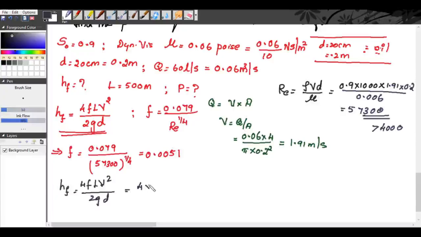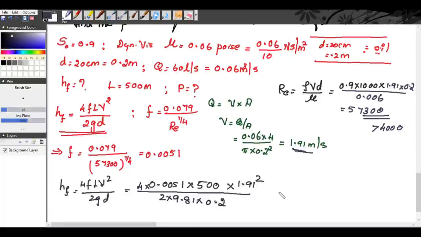So, we get 4 into F, 0.0051, multiplied by length of the pipe 500, multiplied by velocity 1.91 square, divided by 2 into gravity 9.81 multiplied by the diameter 0.2. We get HF is equal to 9.48 meters. So, this is 9.48 meter of water. Okay, you have to express it in terms of water.